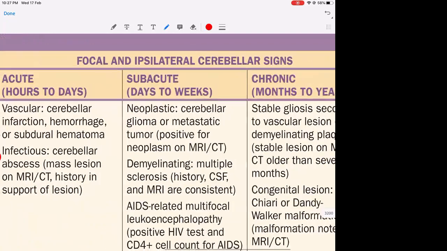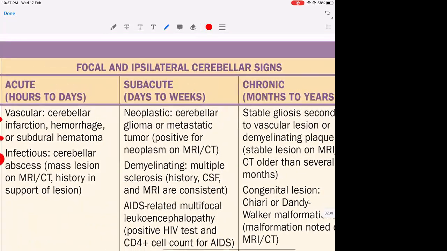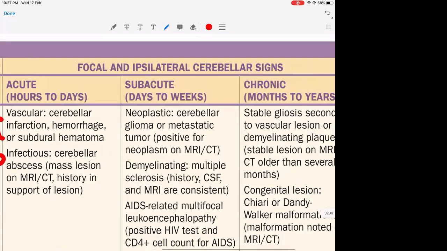Whereas focal cerebellar ataxia, we can further classify into acute, subacute, and chronic. In acute, majorly it will be vascular causes and infectious, such as cerebellar abscess, which can be detected by MRI or CT, with supportive lesions.